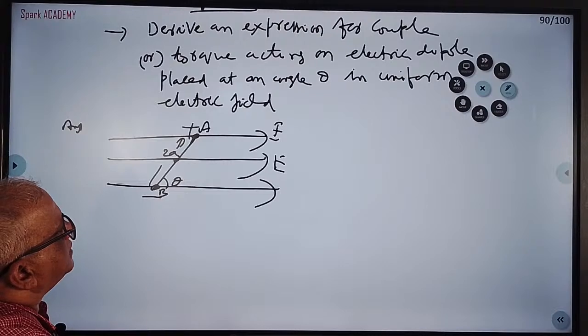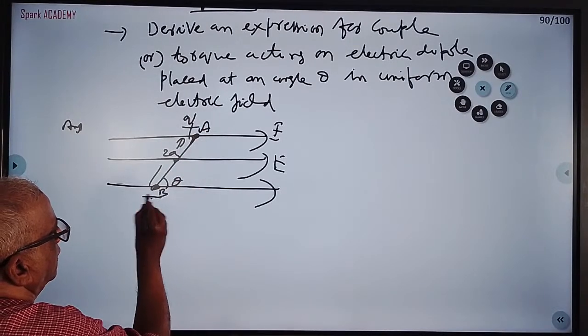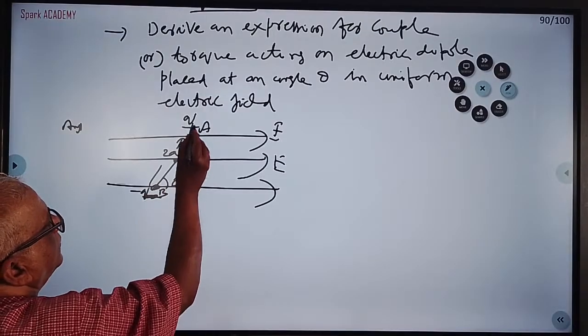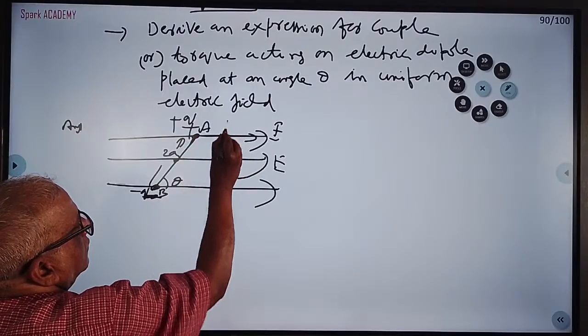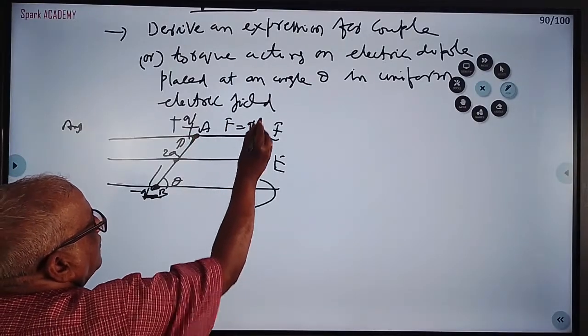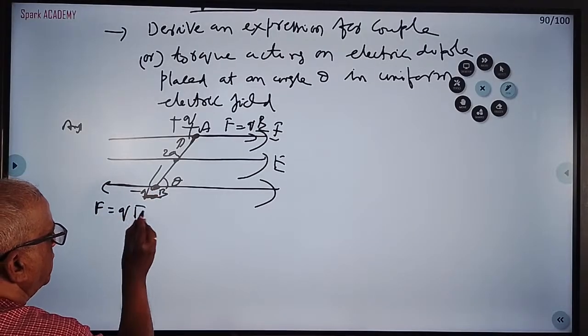Now A will experience a force. Here charge minus Q, here charge plus Q. So this will experience a force QE like this, and this will experience a force QE in the opposite direction of the electric field.